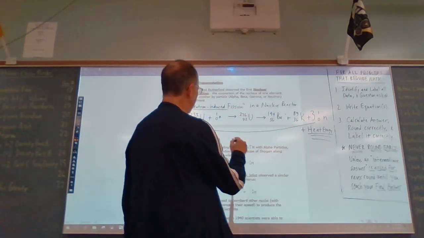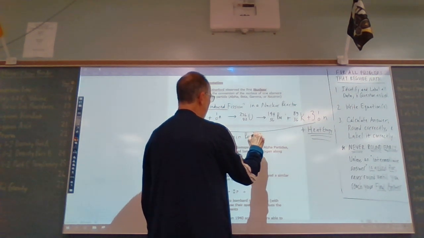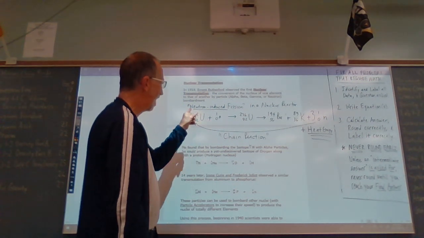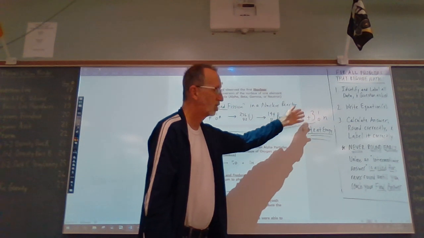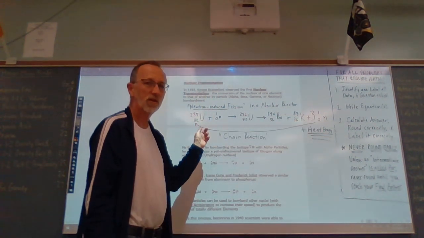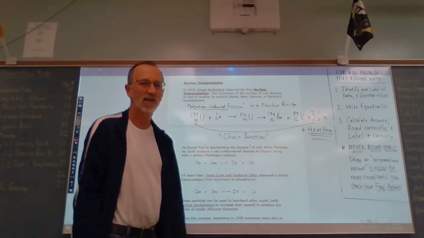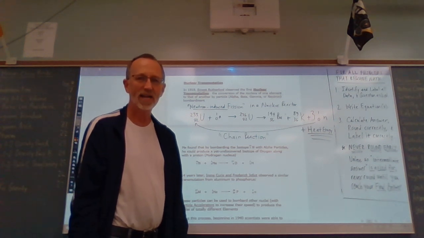This is called a chain reaction because once it starts, until you run out of uranium-235, this reaction is just going to keep going and going and going. That's why we call it a chain reaction.